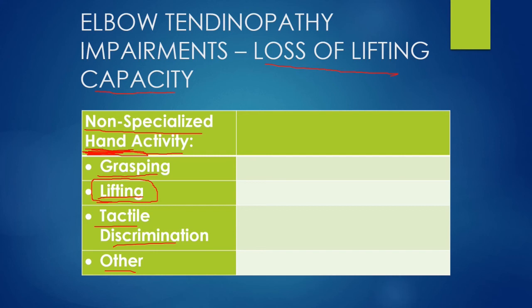And we talked about this with regards to the shoulder. The shoulder is also involved with lifting, and any loss of lifting capacity due to shoulder tendinopathy qualifies for permanent impairment. Well, the same analogy applies to loss of lifting capacity due to lateral epicondylitis and problems at the elbow.